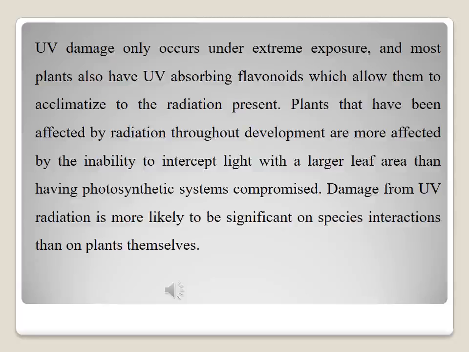Plants that have been affected by radiation throughout development are more affected by the inability to intercept light with a large leaf area than having photosynthetic system compromised. Damage from ultraviolet radiation is more likely to be significant on species interactions than on plants themselves.